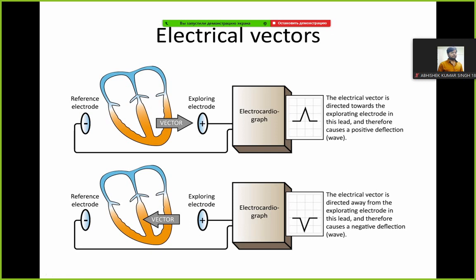The electrocardiograph compares the electrical potentials detected by the exploring electrode and the reference electrode, and the machine is constructed such that a vector heading towards the exploring electrode records as a positive deflection or positive wave on the ECG, and a vector heading away from the exploring electrode will record as a negative wave.